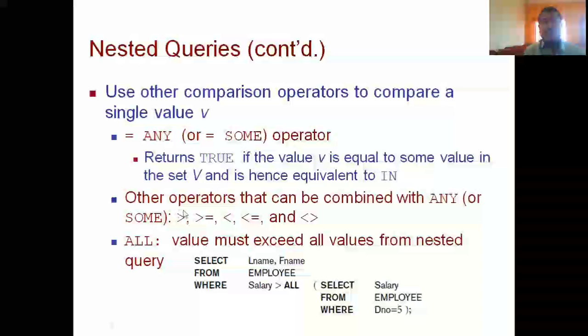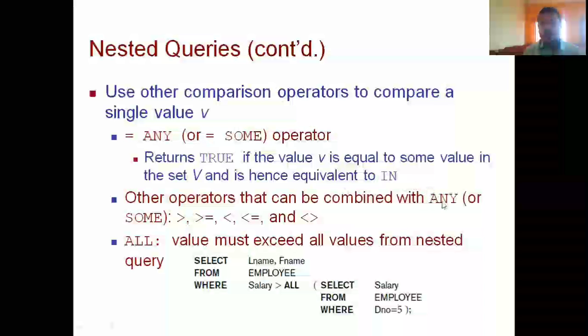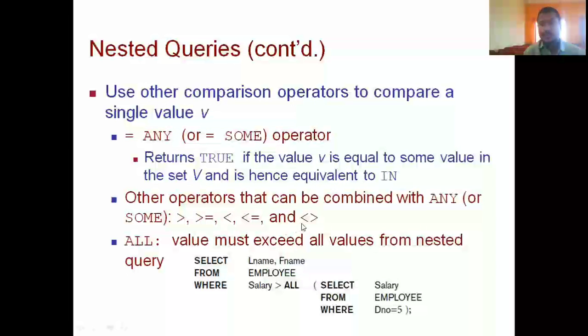Again here we are using some standard operators that we can combine with ANY or SOME, like greater than or equals to, less than or equals to, and unequal. Or you can consider ALL, which applies to all the values. The value must exceed all values from the nested query.